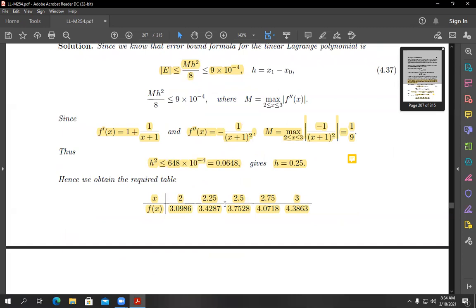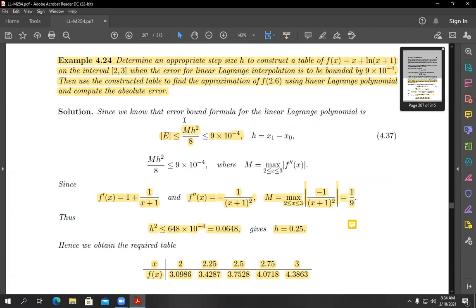Then my question changes in the exam: use the constructed table to find the approximation of 2.6 using a quadratic polynomial. And the quadratic polynomial needs how many points? Three.